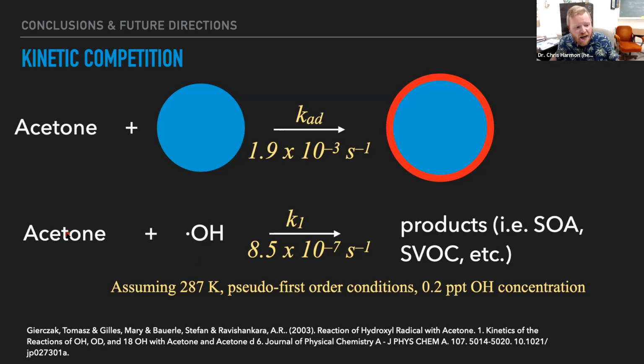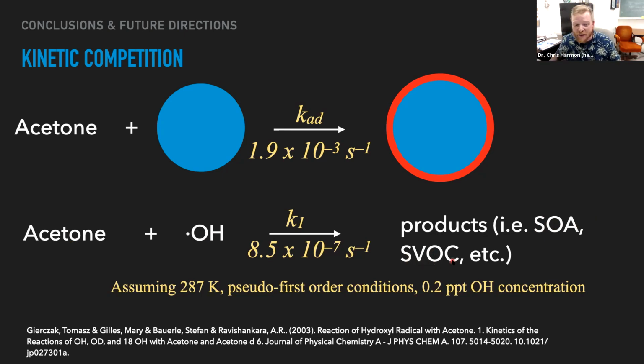So this will do a hydrogen atom abstraction on a methyl group and make water as a leaving group. And then, of course, we make an alkyl radical, and the chemistry goes crazy. It becomes some type of secondary organic aerosol or even a semi-volatile organic compound.